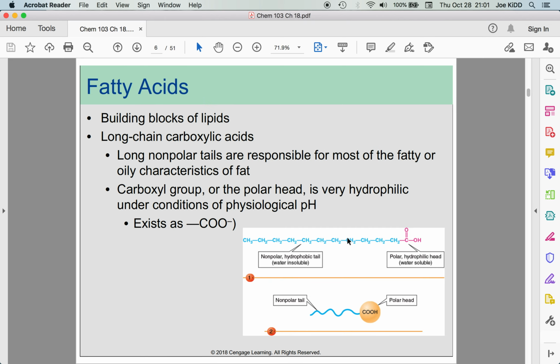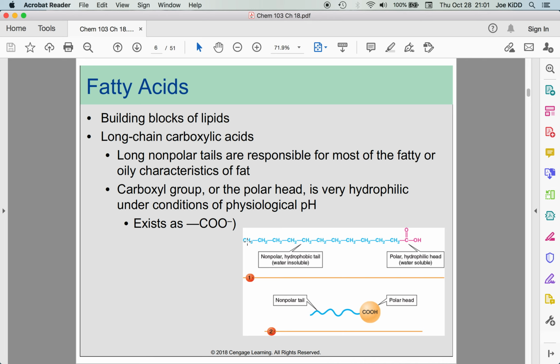So the building block of all lipids is going to be fatty acids. Now, hopefully this looks somewhat familiar from our Unit 2 days. We were talking about carboxylic acids. Carboxylic acids are essentially fatty acids, just where the carbon chain is much, much longer.